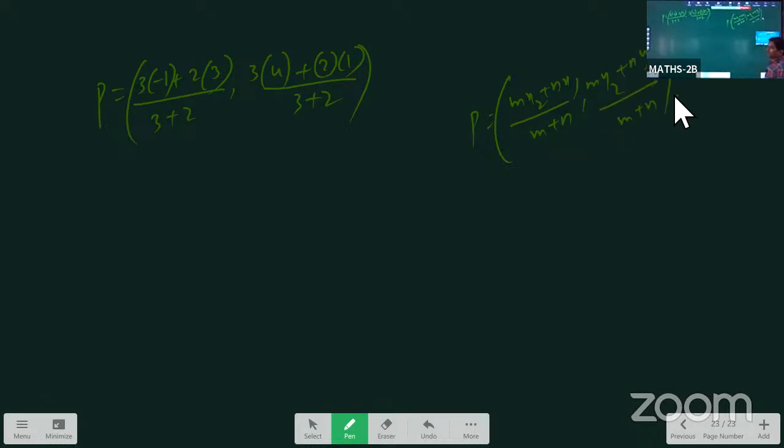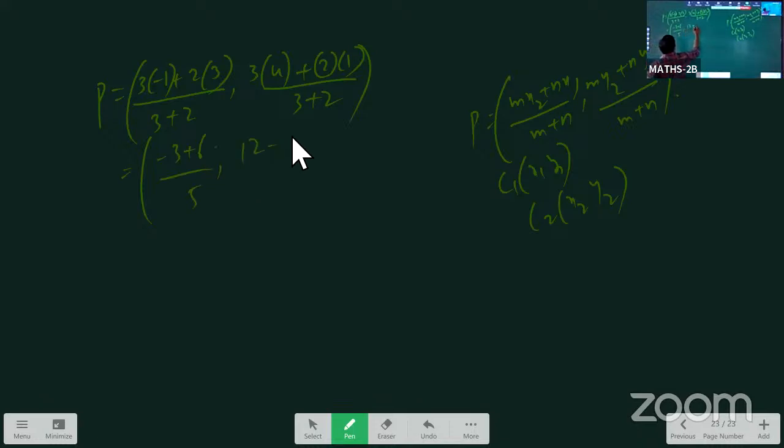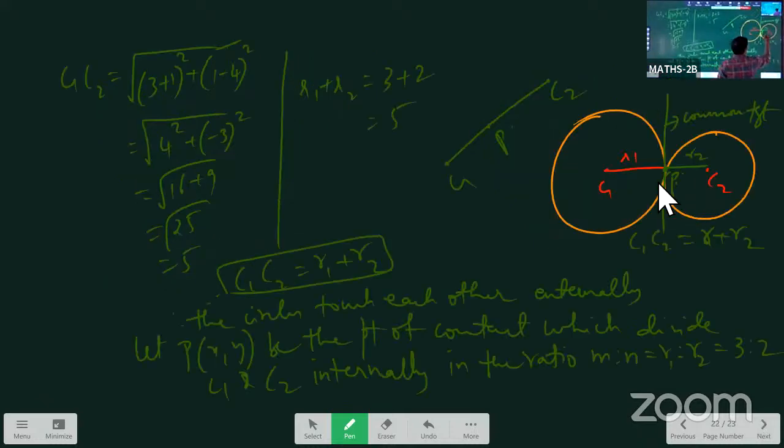This is your internal section formula, where center C1 is your (x1, y1), center C2 is your (x2, y2). The ratio m is to n is nothing but R1 is to R2. So the calculation gives minus 3 plus 6 by 5 and 12 plus 2 by 5, that is 3 by 5, 14 by 5. This is the point P, point of contact. Point P I got.